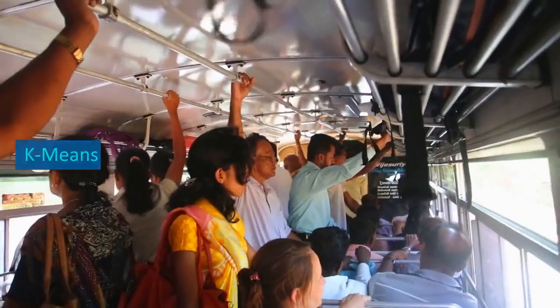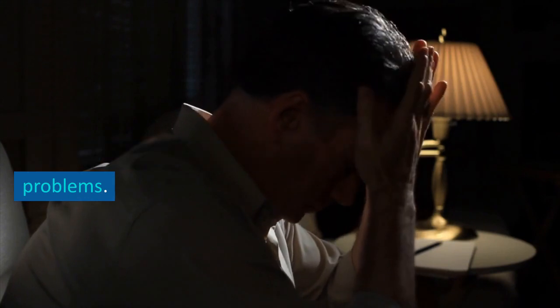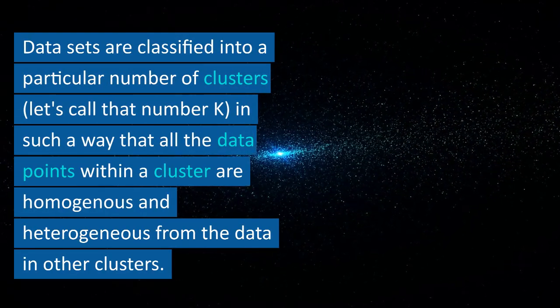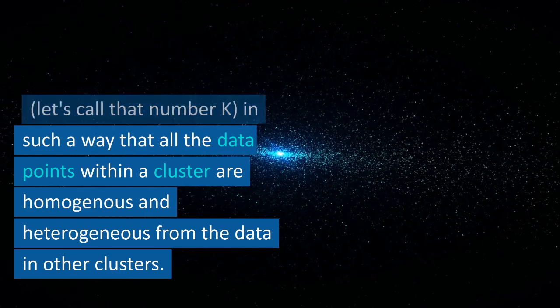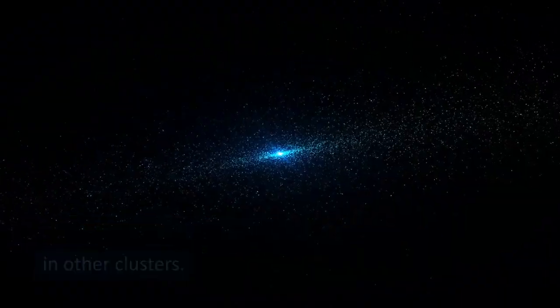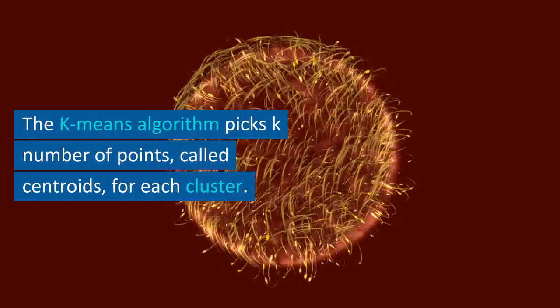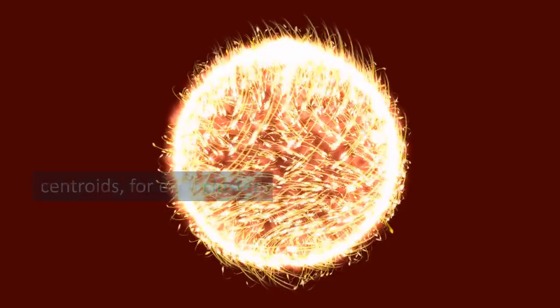7. K-means. It is an unsupervised learning algorithm that solves clustering problems. Data sets are classified into a particular number of clusters, let's call that number k, in such a way that all the data points within a cluster are homogeneous and heterogeneous from the data in other clusters. How does k-means form clusters? The k-means algorithm picks k number of points, called centroids, for each cluster.